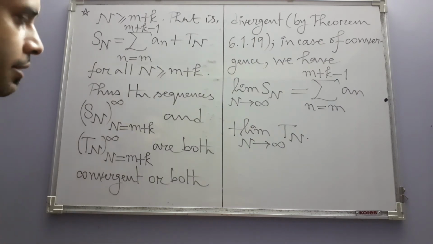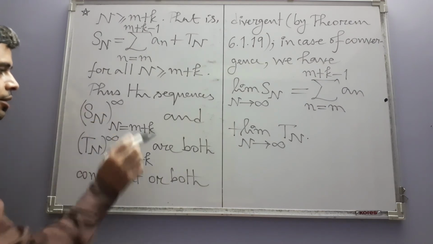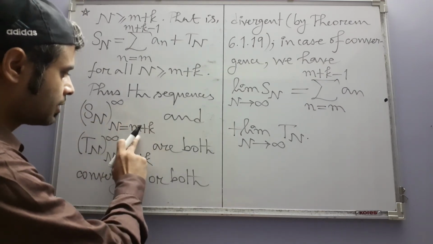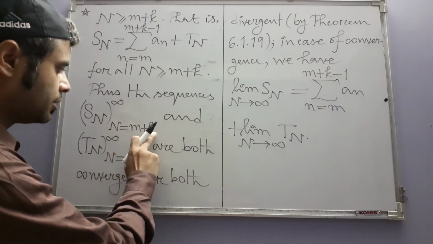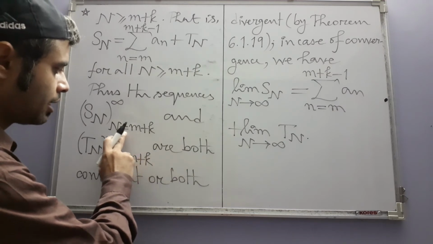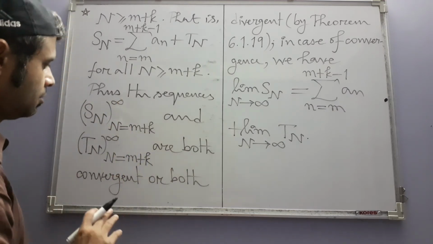Now keep in mind that we are actually not saying something about the entire sequence Sn, because we have not started things with m but rather with m plus k. Unless k is equal to 0, we are actually not considering all the Sn's.